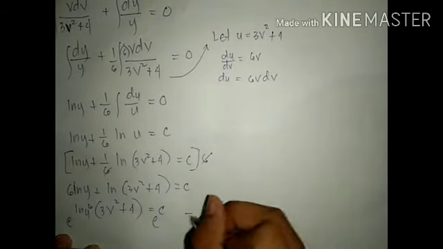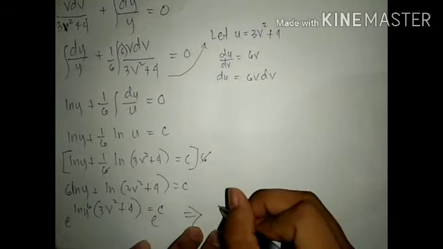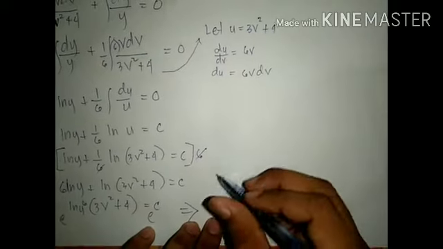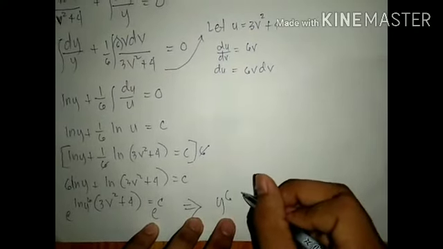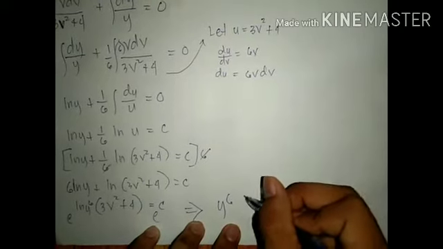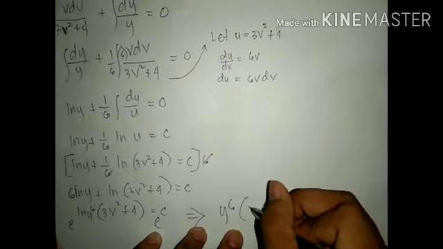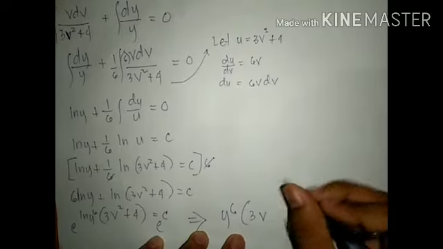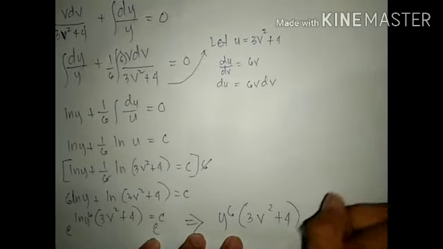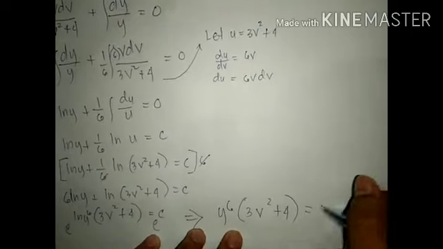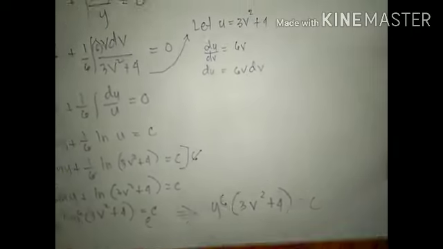So next ani kay y over 6 to the power of 6 then times 3v squared plus 4 is equals to c. Constant.